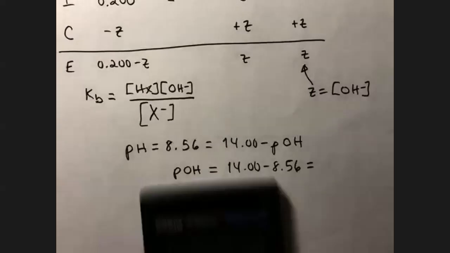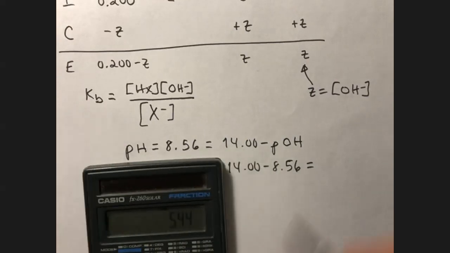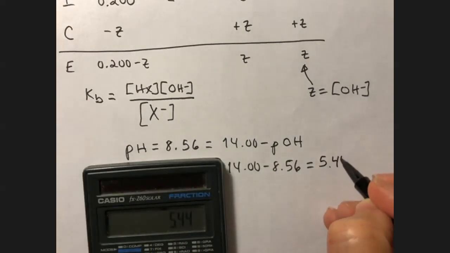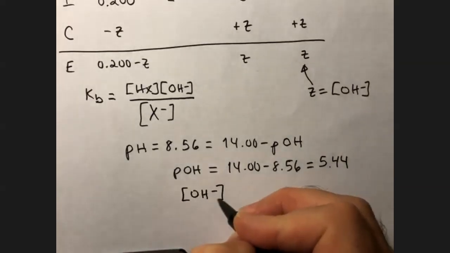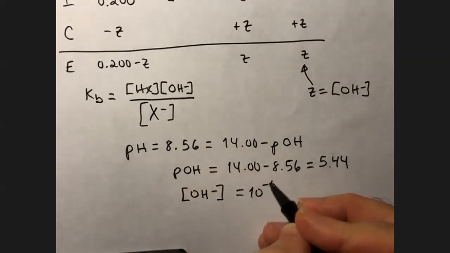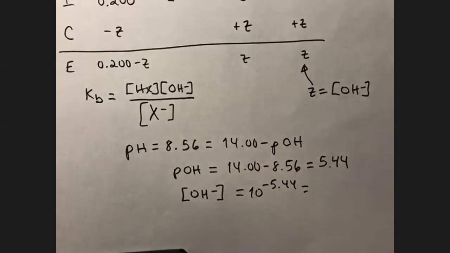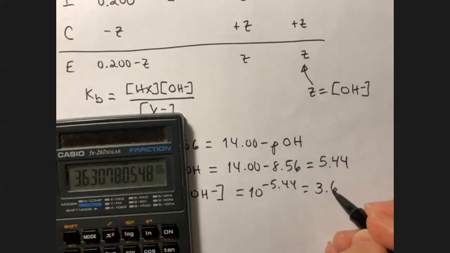What is that? 5.44. And therefore, the hydroxide ion concentration will be 10 to the negative 5.44. So that's 3.6 times 10 to the negative 6 molar.